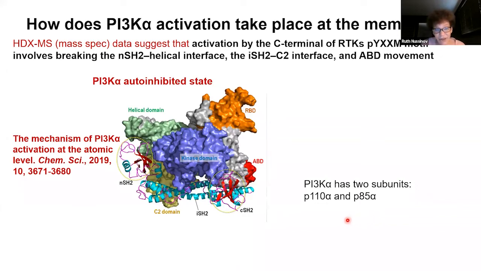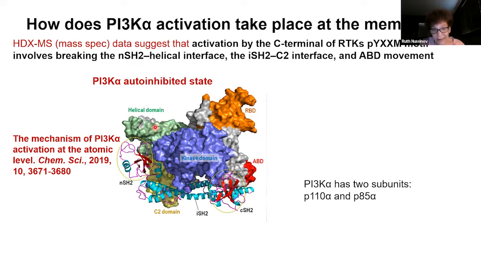There is hydrogen exchange and mass spec data, which suggests that the activation of the PI3K is via the interaction of the nSH2 domain with the C-terminal motif of an RTK, receptor tyrosine kinase, like, for example, insulin receptor, specifically with this phosphorylated motif at the C-terminal of the receptor, which leads to the breaking of the interface between the nSH2 and the helical domain.